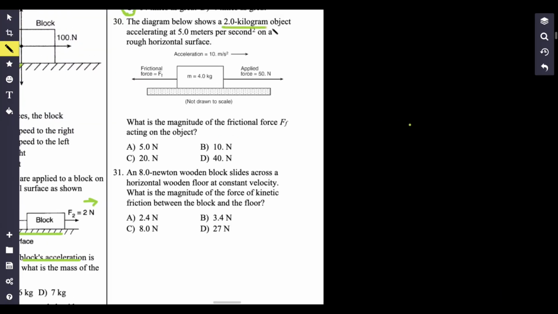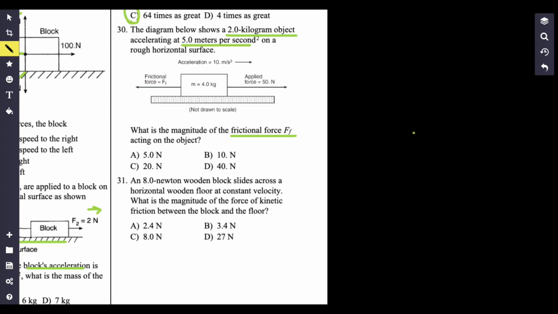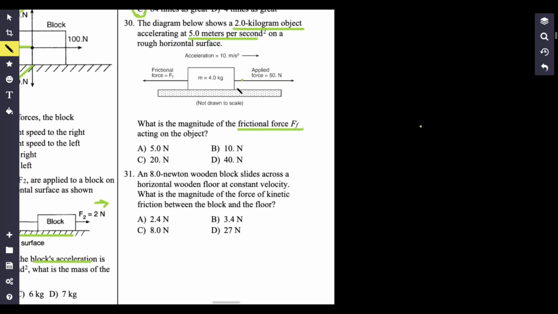So a 2 kilogram object is accelerating at 5 meters per second squared on a rough horizontal surface, and we want to find out the magnitude of the frictional force. Now, I'm probably going to skip this one because the text here doesn't match up with what's happening in the diagram.